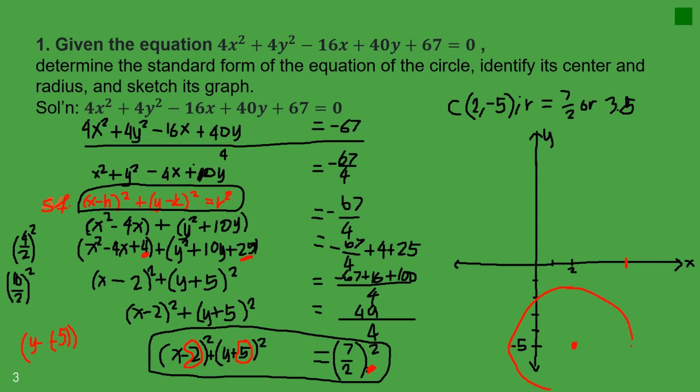The bottom point actually is at negative 5 minus 3.5, which is negative 8.5. So this is our circle with the equation x minus 2 quantity squared plus y plus 5 quantity squared equal to 7 halves squared.